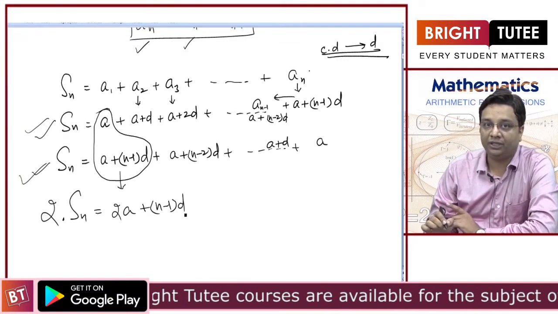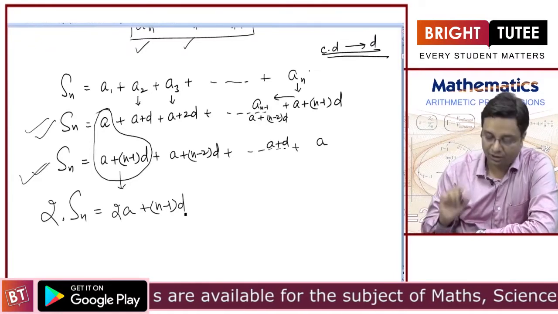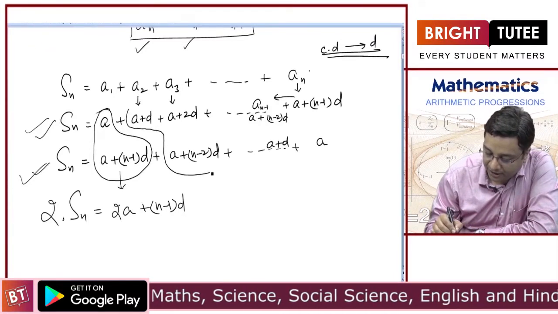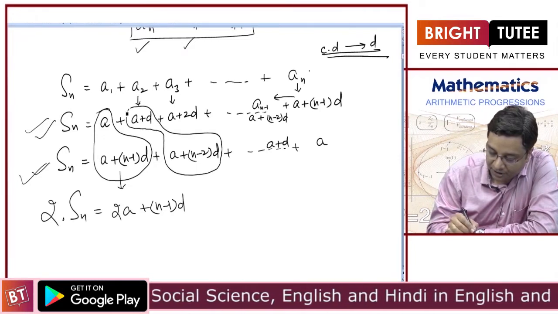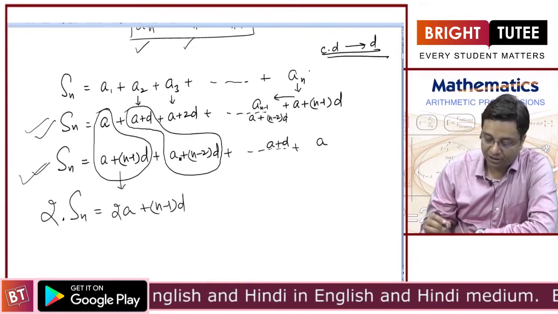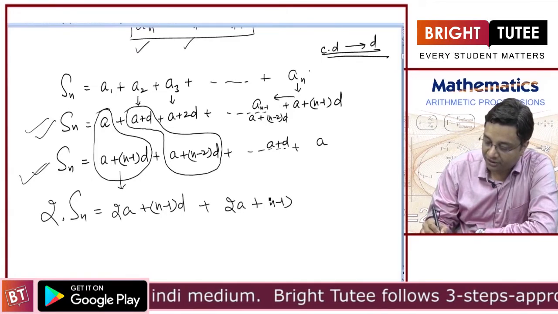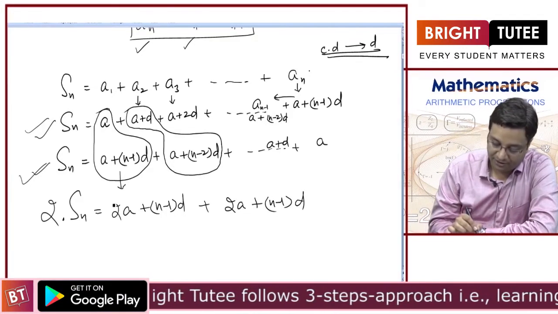Now if you notice carefully, the sum of the second terms of both expressions will be a plus d from here and this from here. If you add these two expressions, it will again give you 2a plus (n minus 1) into d, right?